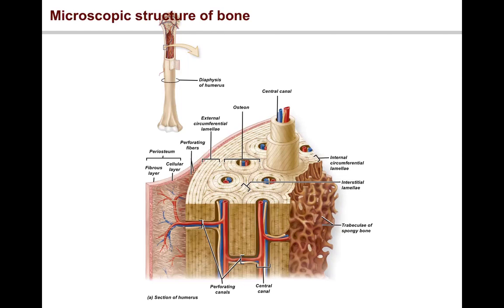This entire system is known as the Haversian system, and the central canal runs parallel to the bone. There is another system which connects these osteons together, known as the perforating canals, which are also called Volkmann's canals.